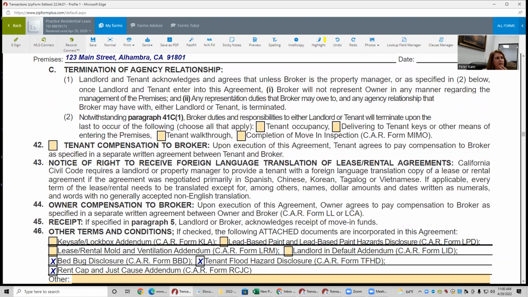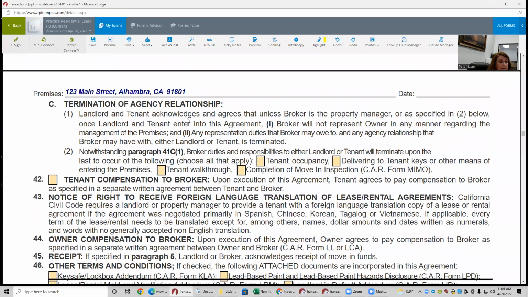I like this paragraph here, termination of agency relationship. The landlord and the tenant acknowledge and agree that unless the broker, us agents, are the property manager, or as specified in 2 below, once the landlord and the tenant enter into this agreement, the broker does not represent the owner in any manner regarding the management of the premises, and any agency relationship that broker may have with either the landlord or the tenant is terminated.